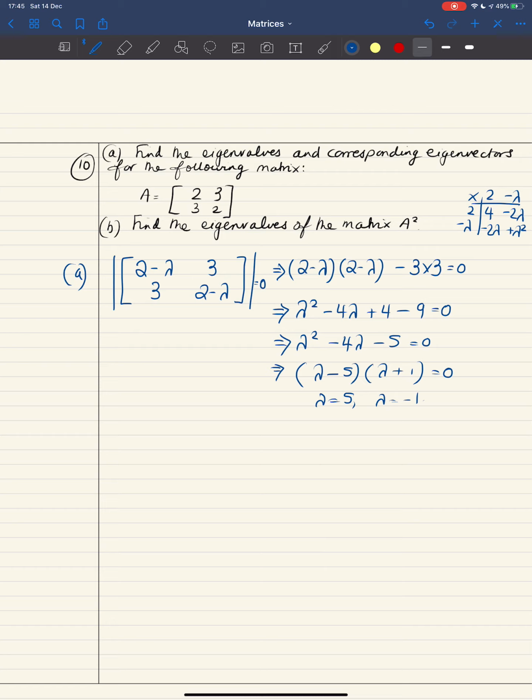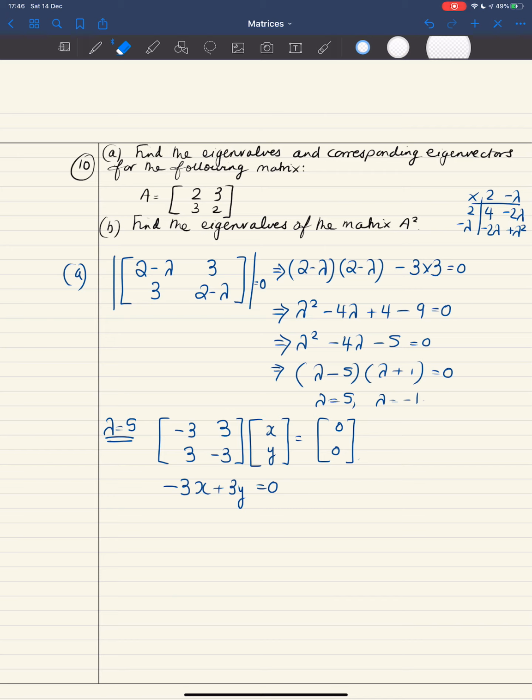Okay, so let's do the first one. Lambda equals 5. So we put 5 here, and we say the matrix 2 minus lambda, 3, 3, 2 minus lambda, times x, y equals 0, 0. So minus 3x plus 3y is 0.